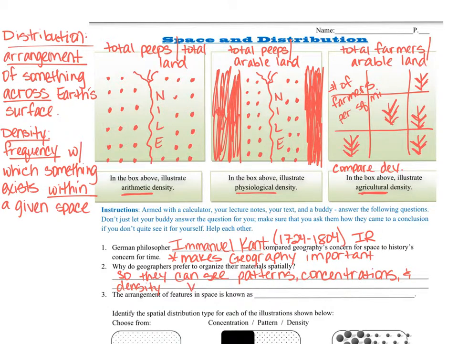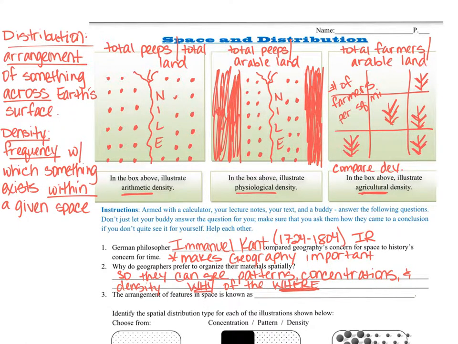Okay, so this is the why of the where. That is the why of the where. When we look at patterns, concentrations, and density, that's what we're looking at.